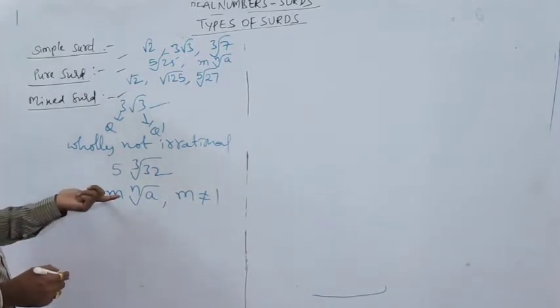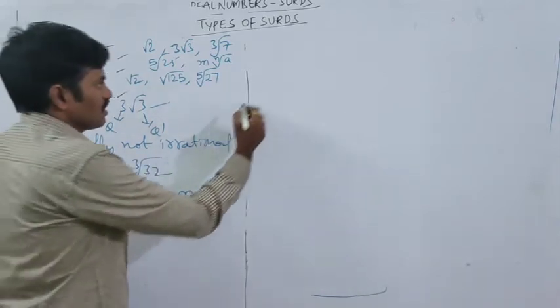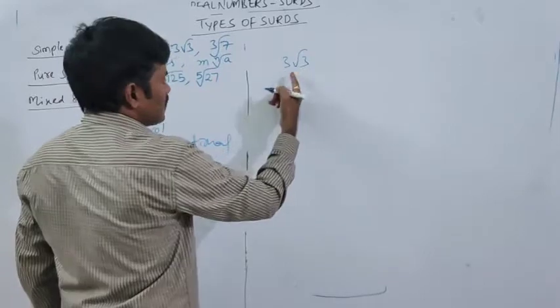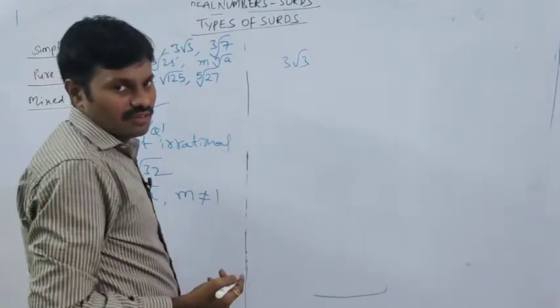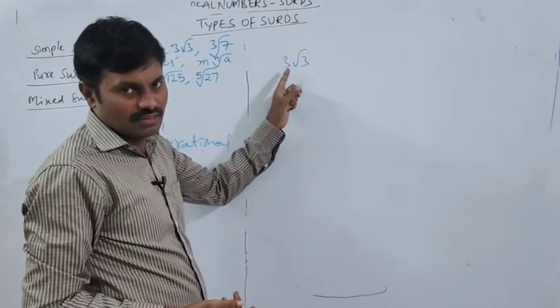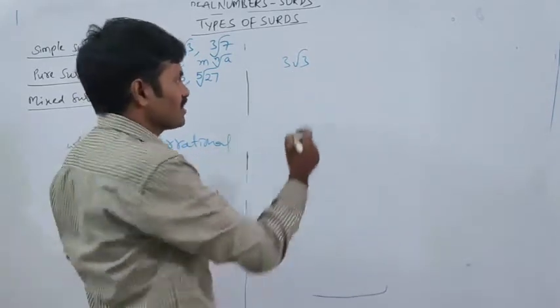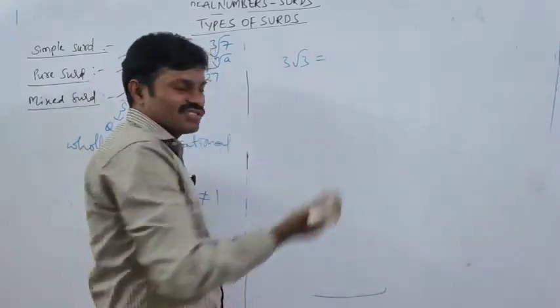Now, can you express a mixed surd as a pure surd? Suppose I have taken 3 into root 3. Is it a mixed surd or pure surd? Mixed surd. How can you say? Because the coefficient is 3. Here the coefficient is not unity, so it is not a pure surd. It is a mixed surd. How to express a mixed surd as a pure surd?